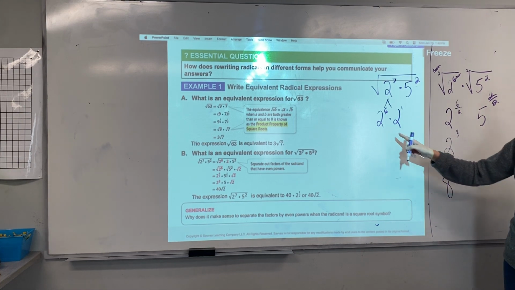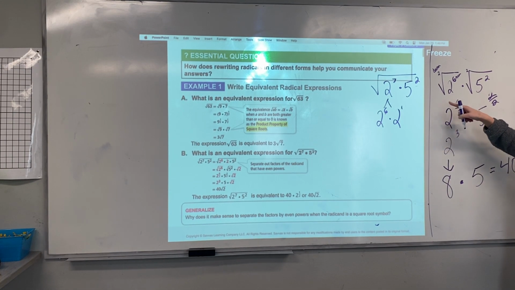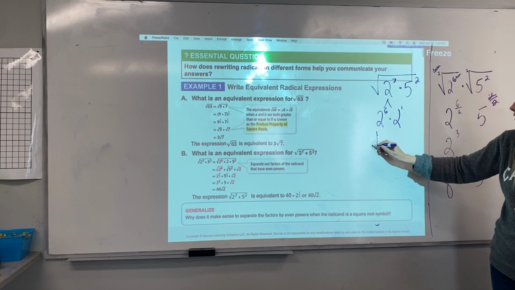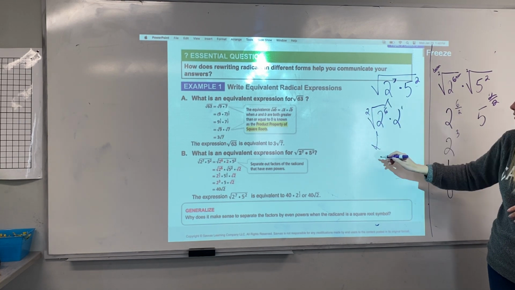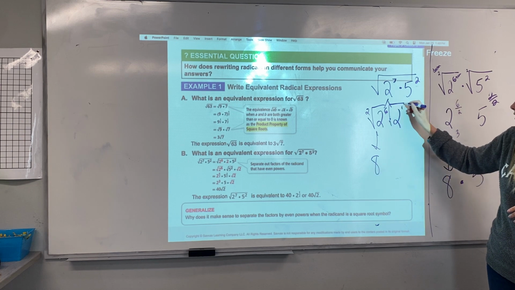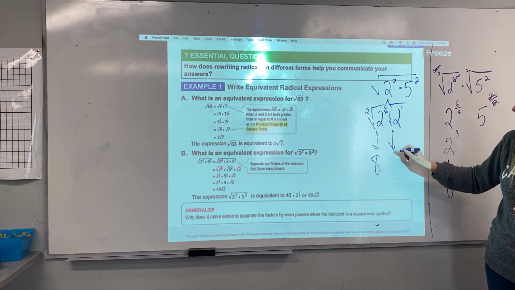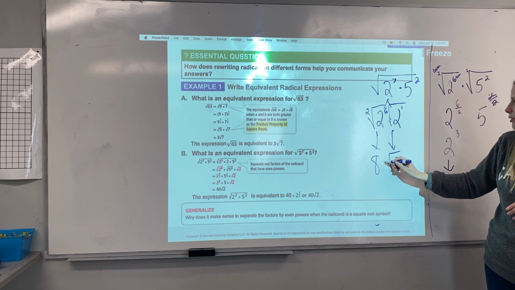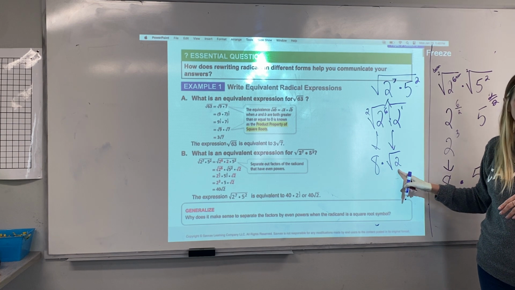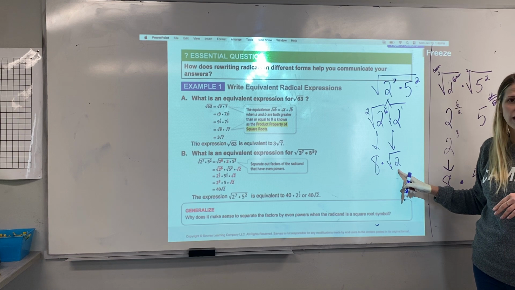Now, the 2 to the 6 can break free. The square root of 2 to the 6 is still 8. But this 2, the square root of 2, he's Mr. Lonely, still a jailbird. Despite all his rage, he's still in his radical cage.